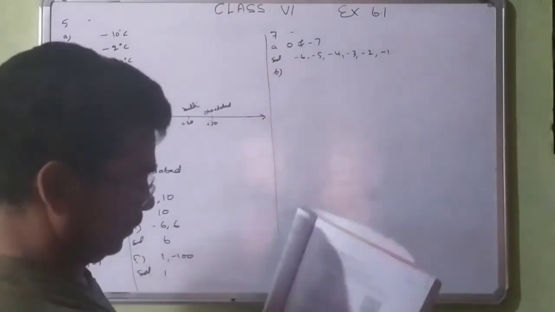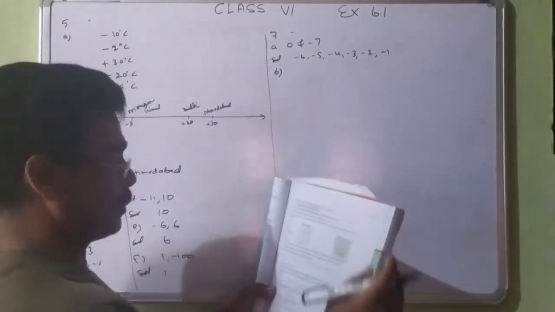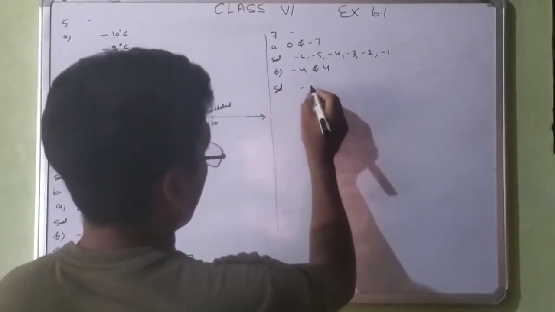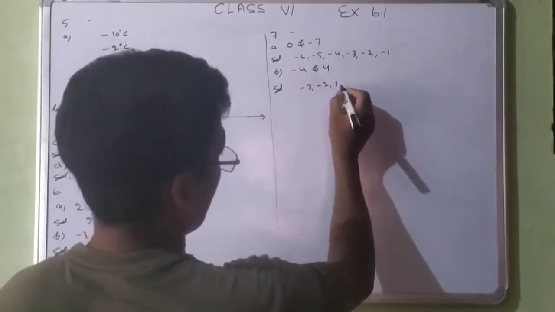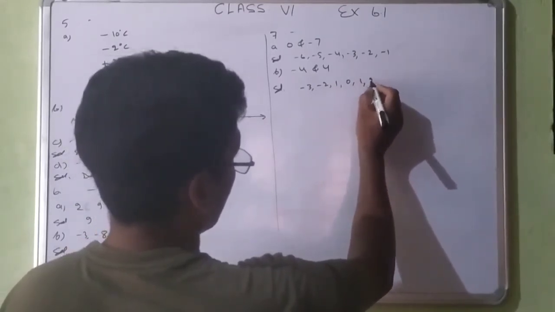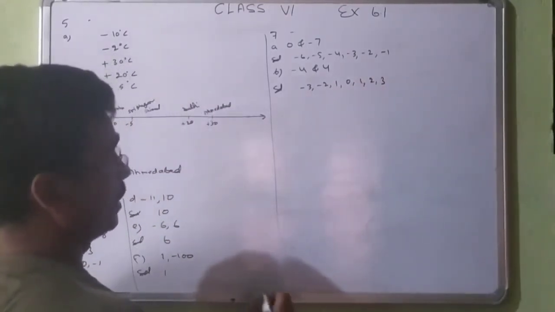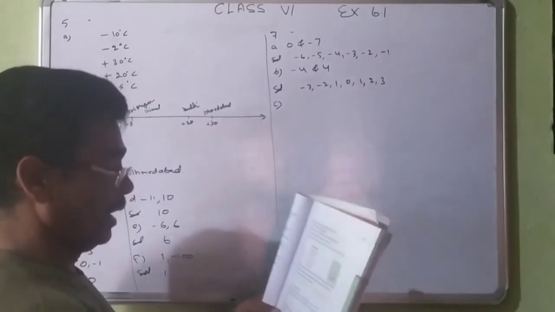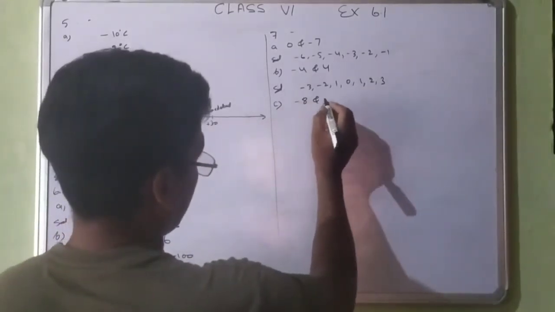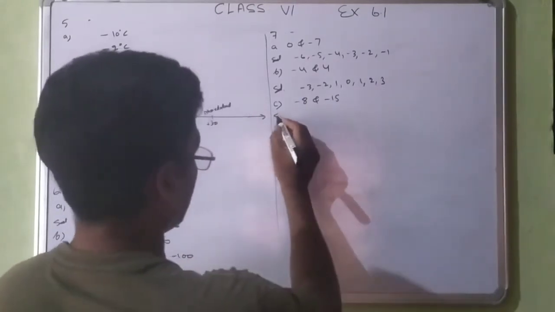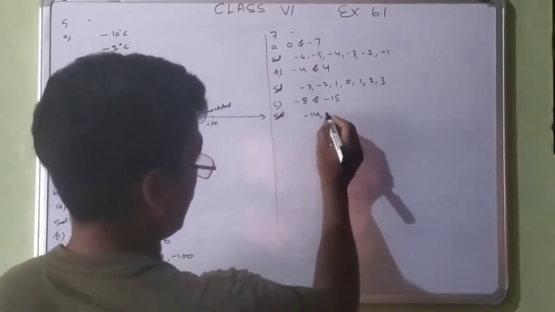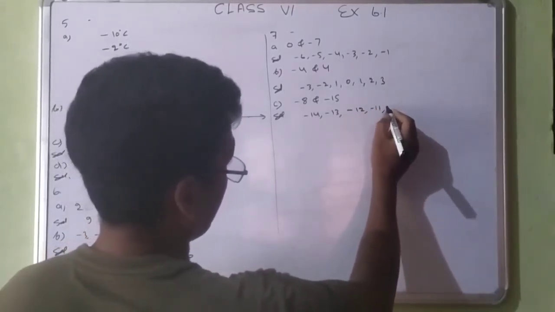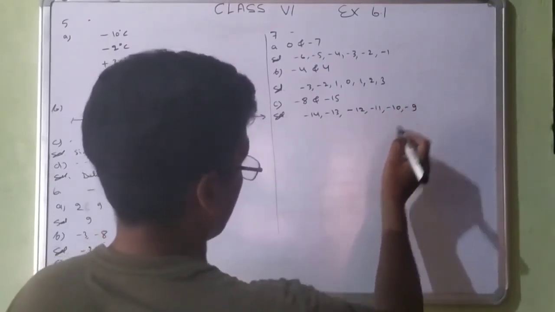B part, -4 and 4, so that will become -3, -2, -1, 0, 1, 2, 3, right? This is also in increasing order. C part, -8 and -15, so -14, -13, -12, -11, -10, -9.